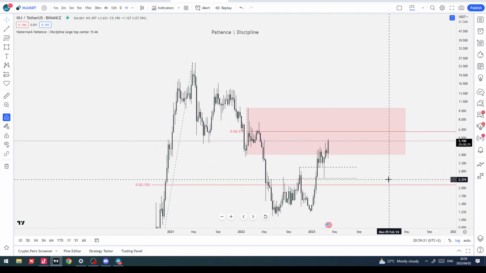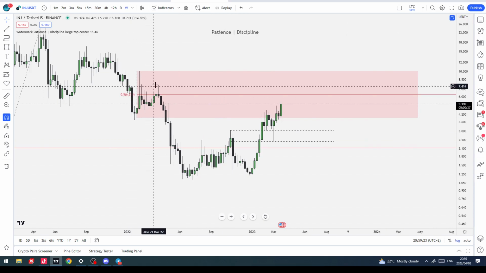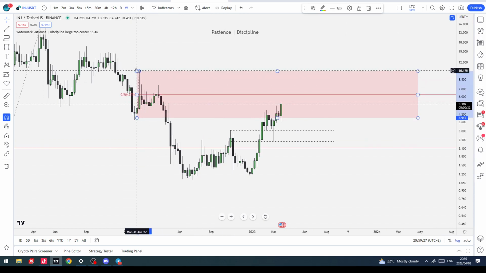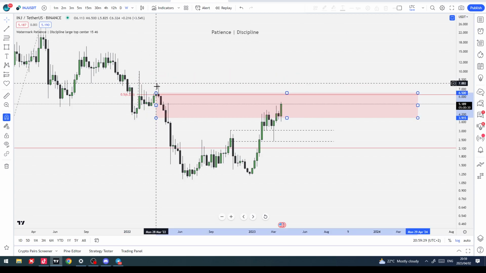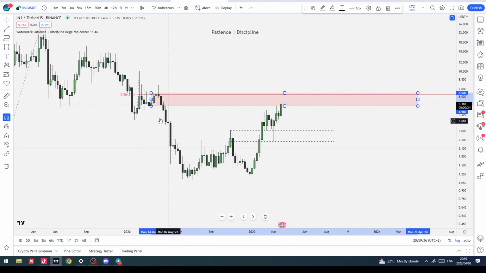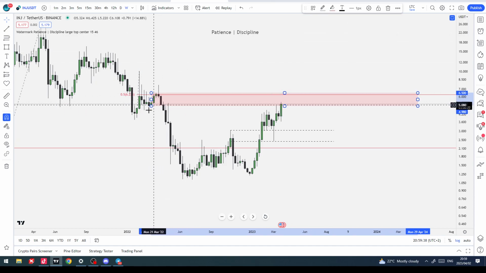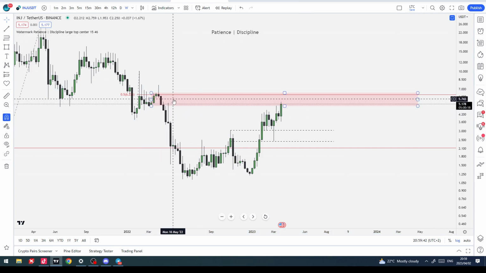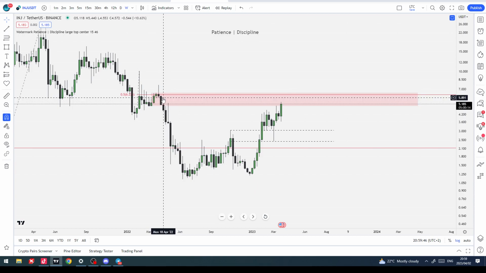Right. On a weekly, let's drill this down a bit more. Take this here, put it up here. Again, these are order blocks, but not the best or the greatest. There is some imbalance setting up here at about 582.